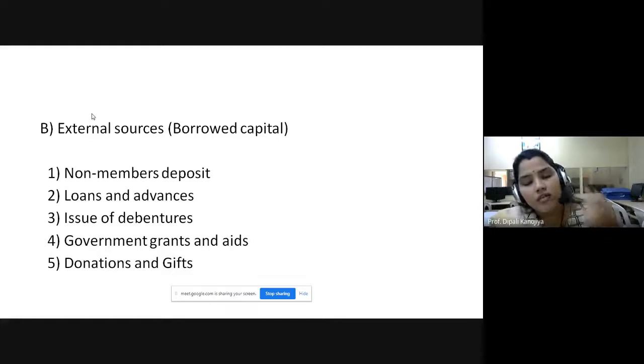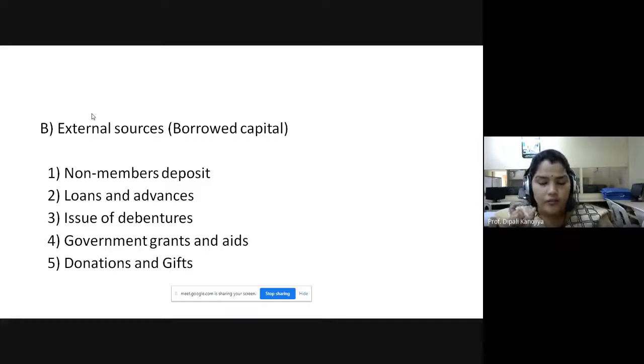The government, on its own security, provides loans to the cooperative society from financial institutions. If a financial institution is providing a loan to the society, the security for that loan is given by the state government.